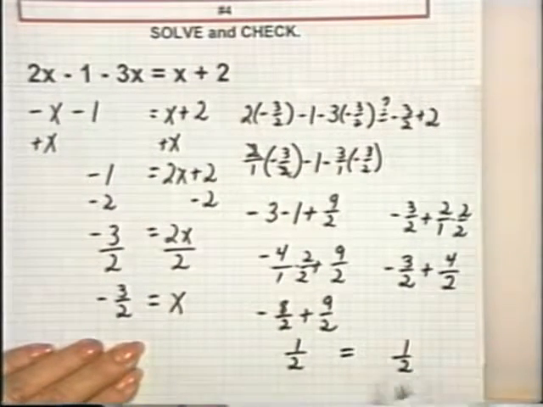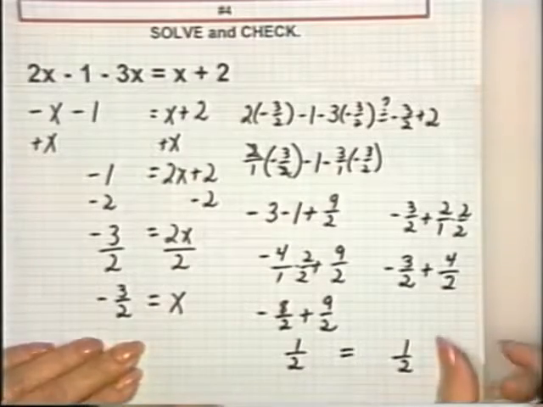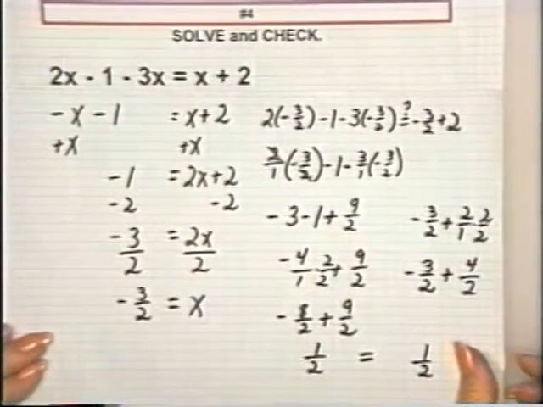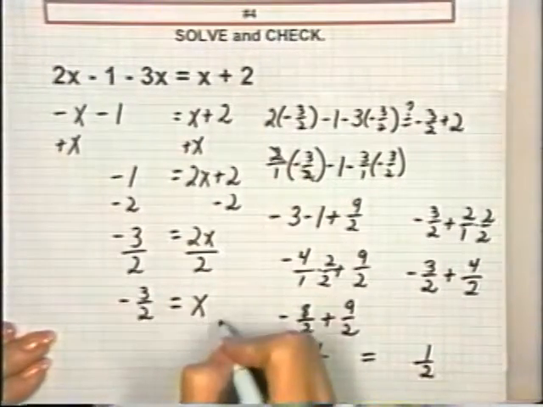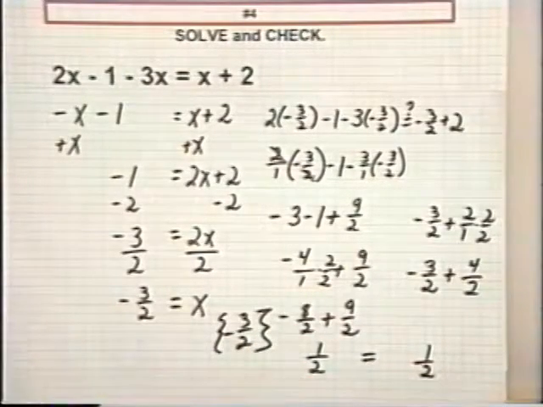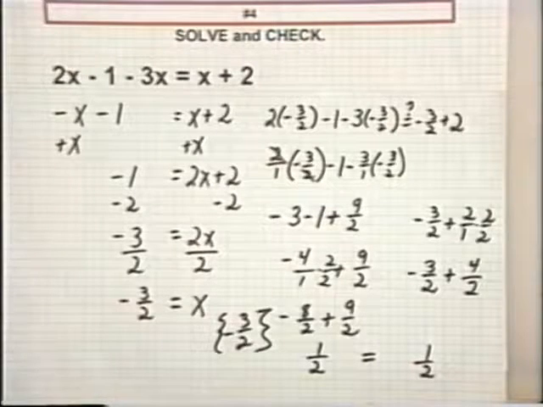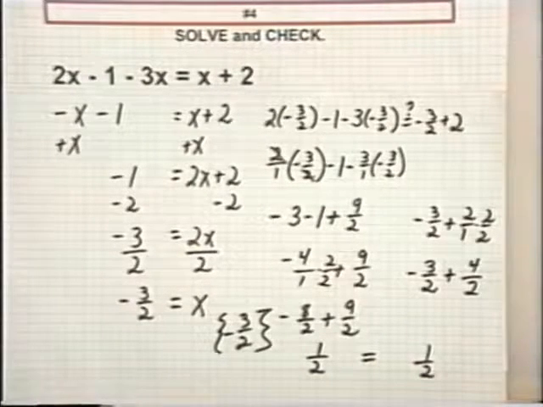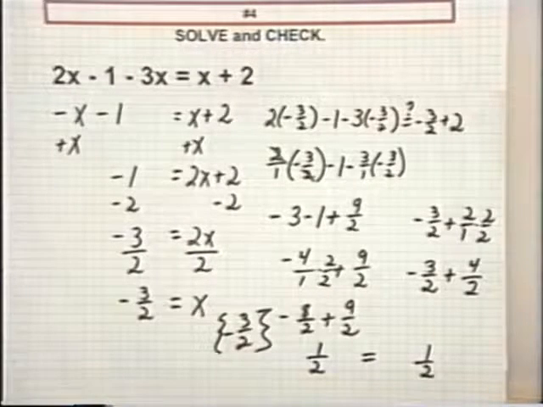I get the same number on the left as I do on the right. That tells me that -3/2 checks. So let's write it as a solution set. That completes this section. Now let's move to the blue set of problems.